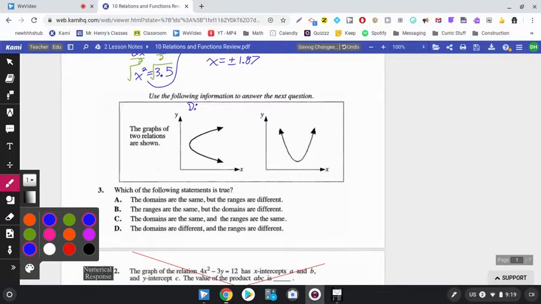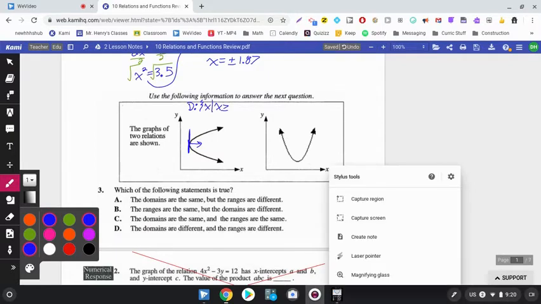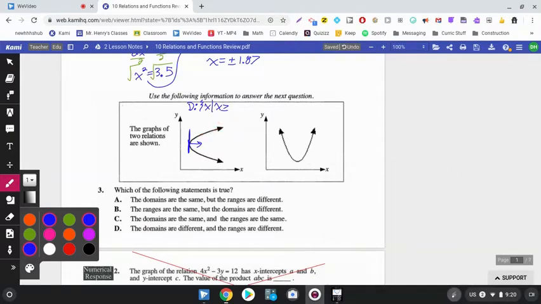it's kind of from this point and out, right? My domain would be x such that x is bigger than that point, so greater than or equal to that point, but then my arrows go on and on forever. So let's just call that, I don't know, 5. I'm just picking something for a reference.